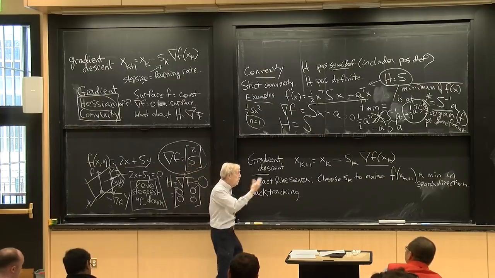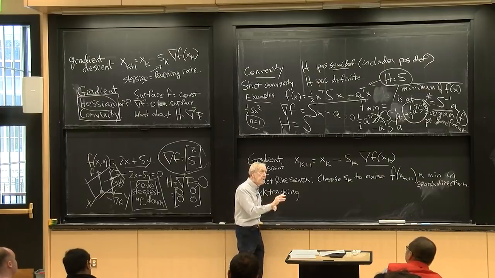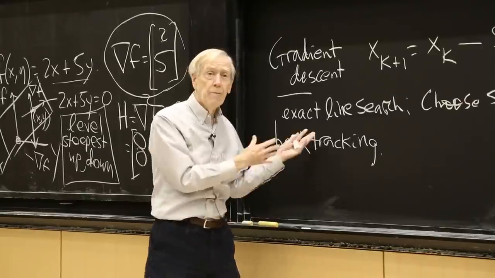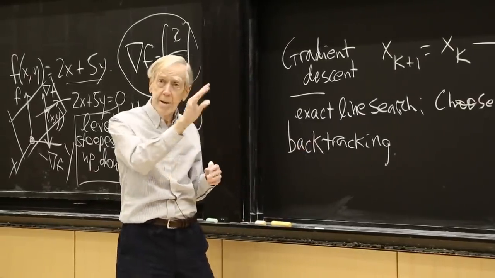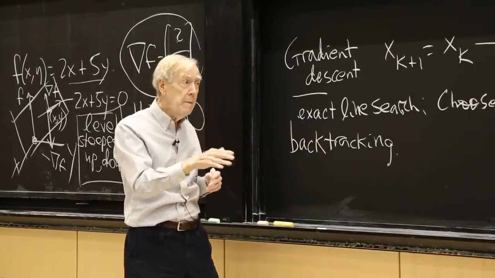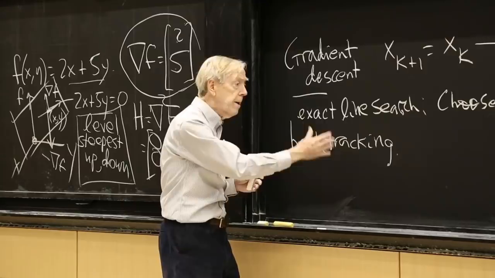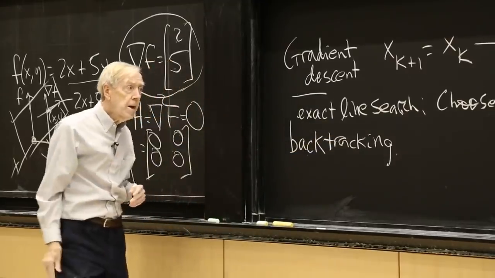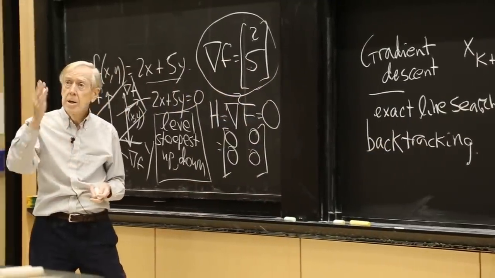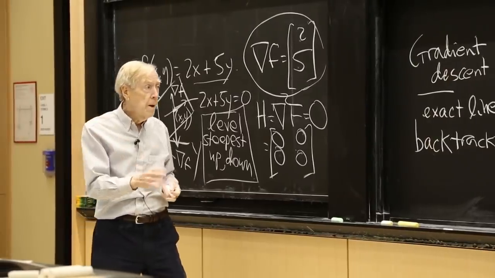So the full step might have taken you back to the upward sweep. Halfway forward might still be on the upward sweep, might be too much, but backtracking cuts the step size in pieces and checks.